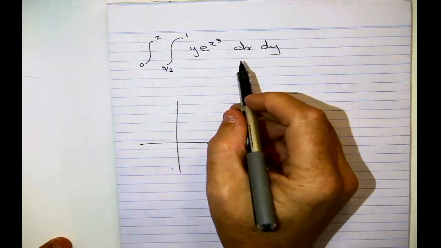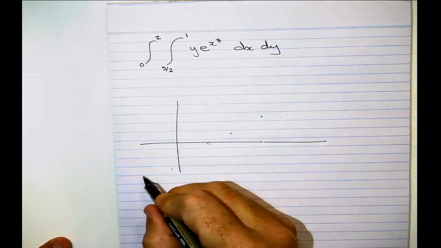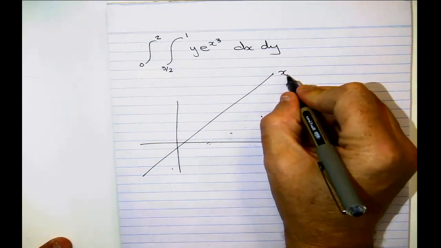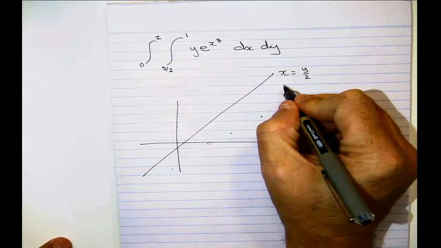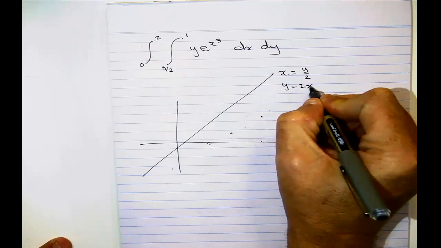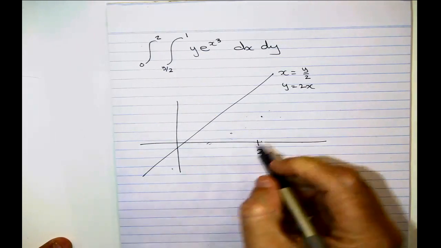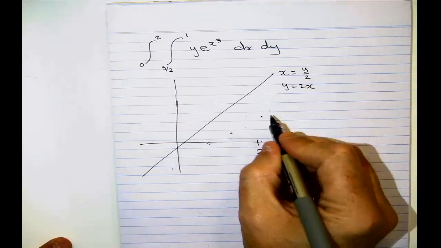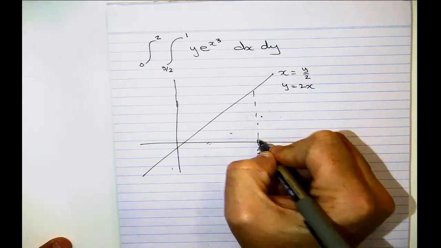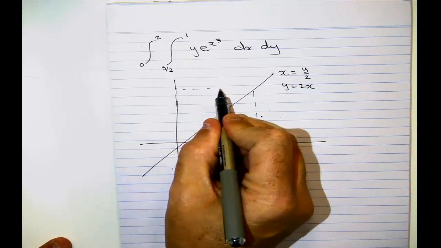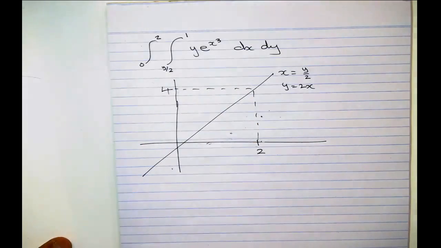So we've got the line x equals y on 2, which is this. And then we've got x going from 0 to 2. And of course, when x equals 2, y equals 4. Hang on.